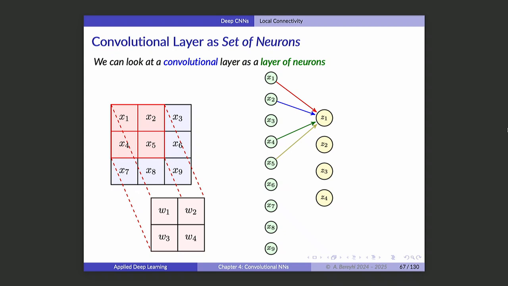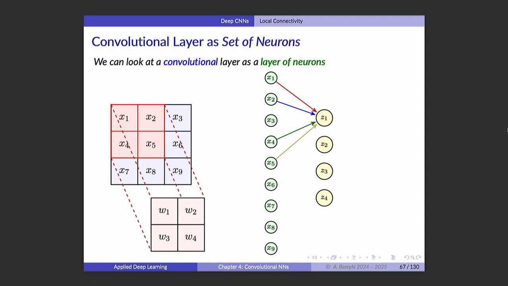It's going to be connected to X1, X2, X4, X5, right? If I want to connect it to the input layer, you see here I put x1, x2 till x9 as an input layer. So basically I get my map, and I flatten it here, right? And now this is the output. I again write it down in a flattened form at the output. So Z1 to Z4 are the different outputs that I have, right?